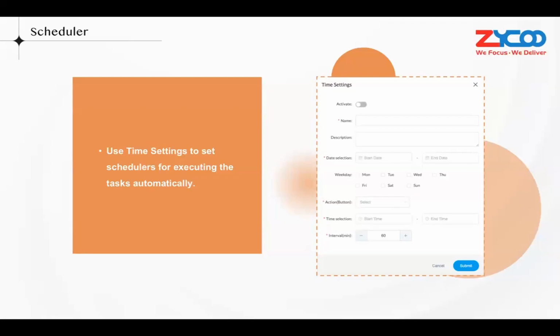Here I take an example. You can set up scheduled tasks like playing background music in your office during some specific business hours on weekdays. It can ensure a seamless and customized experience for you.